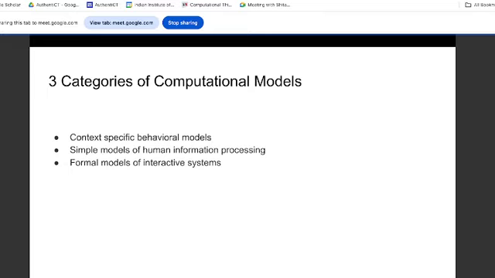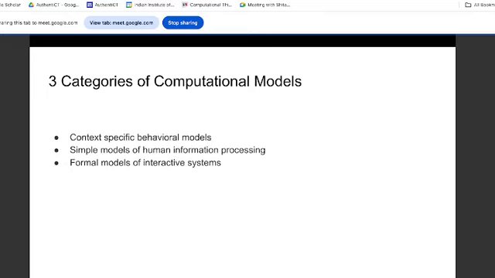So what are these computational models exactly? We saw one example, PAM, in the previous slides. Now, in this week, we will not go into the depth of computational models, but we will see one of the examples, that is goals, operators, methods, and selection rules. There's a question about this in the current assignment of the NPTEL course as well.